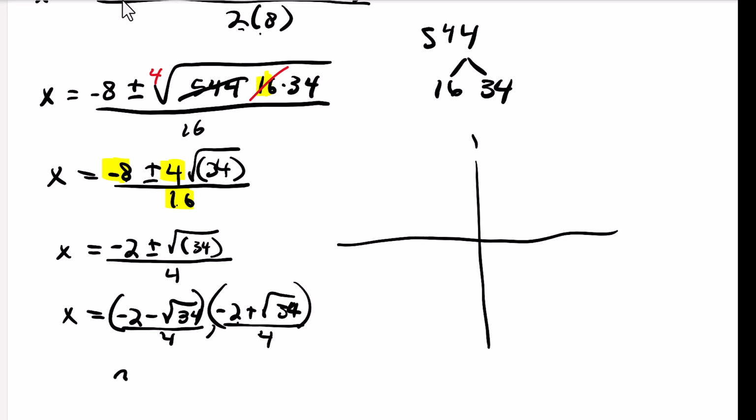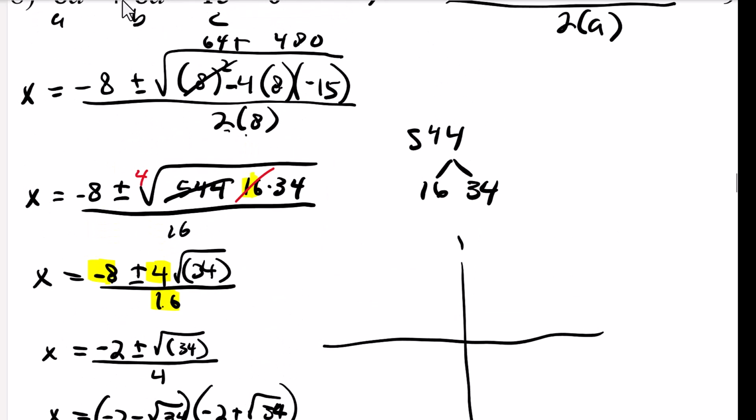So this will be about, I don't know, maybe negative 1.8, something like that. And then negative 2 plus almost 6. Well, that means this one will be less than 1, which is about maybe 0.8.